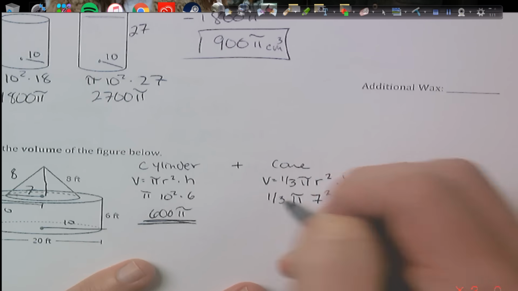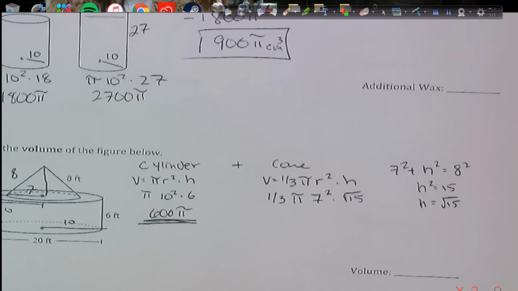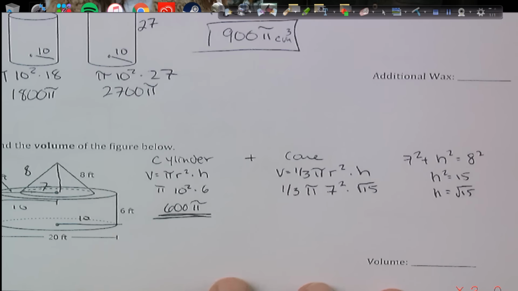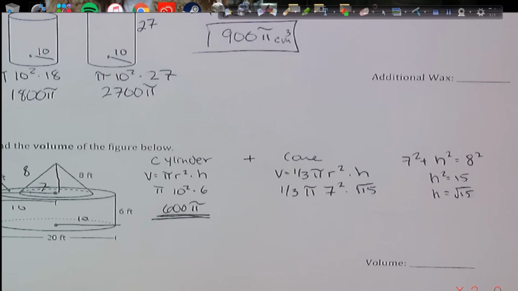Pi and 1/3. So this is probably going to turn out to be somewhat messy. We might have to evaluate the pi, but we'll go ahead and take a look and see what happens. 7 squared is going to give us 49, and then we're going to have to divide that by 3. Ooh, messy. I'm just going to calculate this whole thing in my calculator at one time. So I'll show you how I'm going to do that.